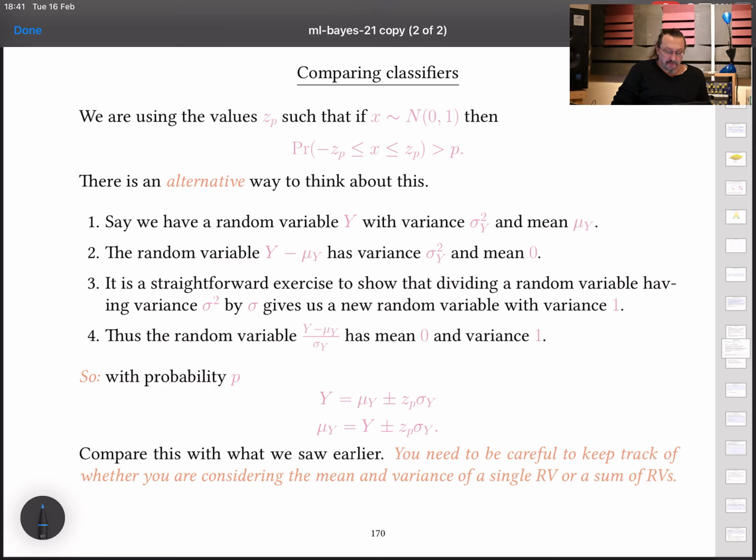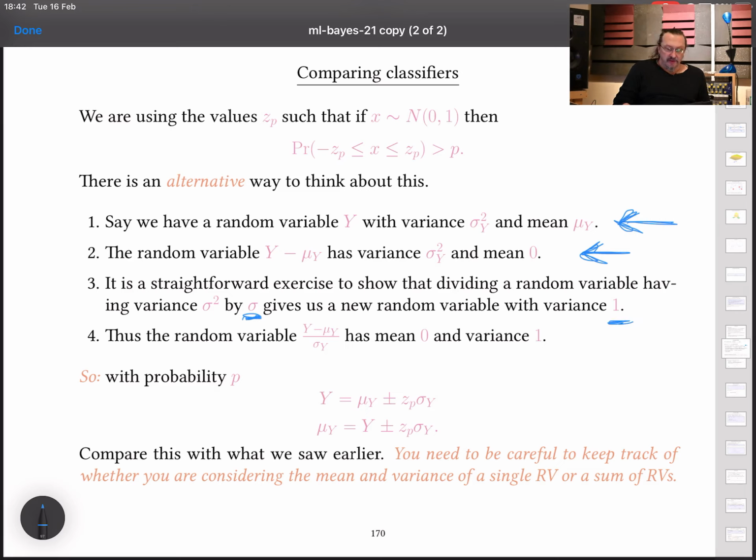Now, all that's happening on this slide is that I'm taking just an individual random variable y with a known mean and variance. Okay, we can normalize it easily enough to have a mean of 0, and it's a fairly straightforward exercise again to show that if you divide a random variable by its standard deviation, okay, sigma, not its variance sigma squared, then you change its variance then to be 1.